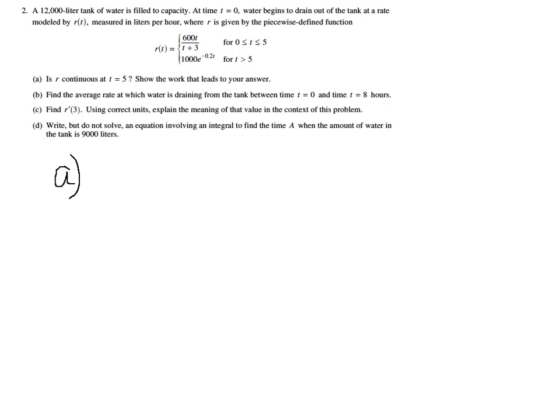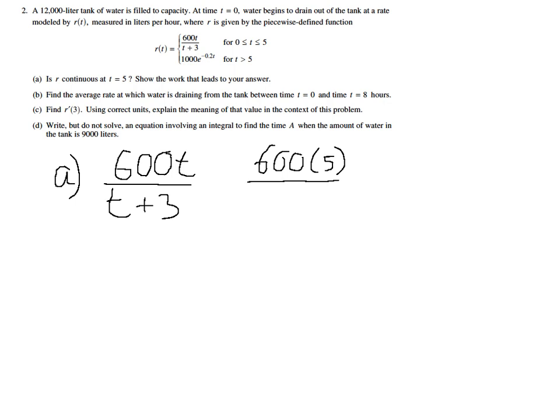So we just plug in 5. For the first part, 600t over t plus 3, when we plug in 5, we get 600 times 5 over 8, which is 375.